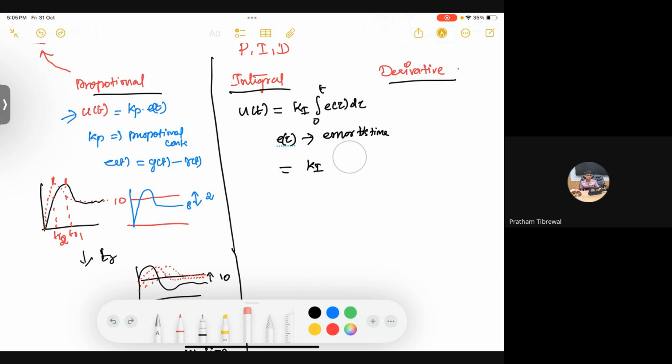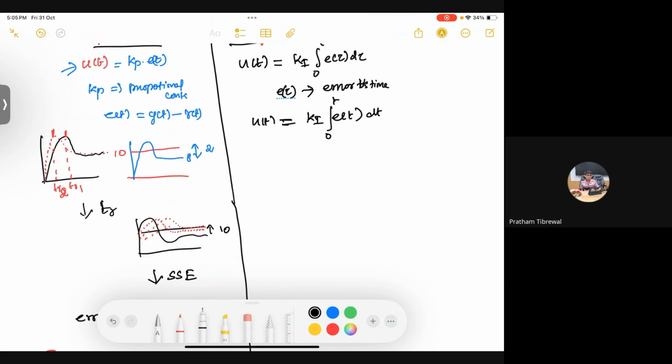I kept it in time domain, right? So I will just write it like this: 0 to t dt. Okay. When you want to write in an S domain, it will be Ki by S. Okay, that's okay. Now, when we see an intuitive understanding behind this, it accumulates the history of error.